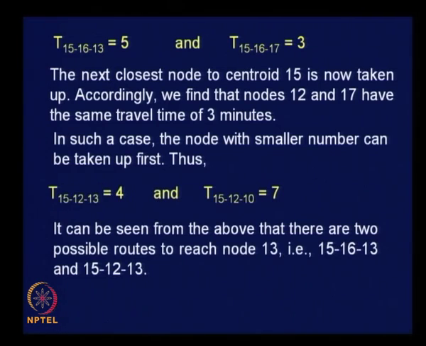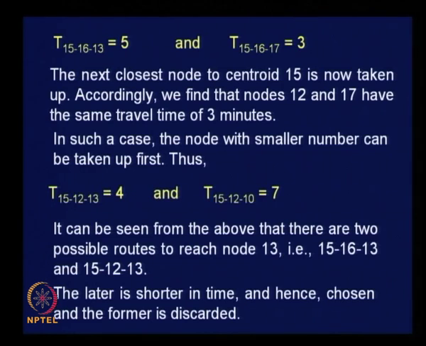Clear? That means 16, 13 is not the link which is going to form the minimum path tree, is it? The latter is shorter in time and hence chosen, and the former is discarded. Latter is 15, 12, 13 and former is 15, 16, 13.